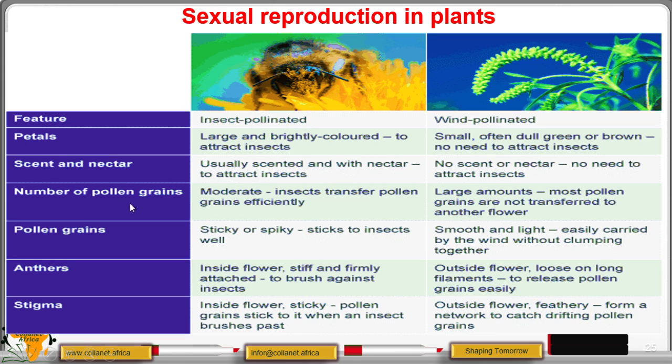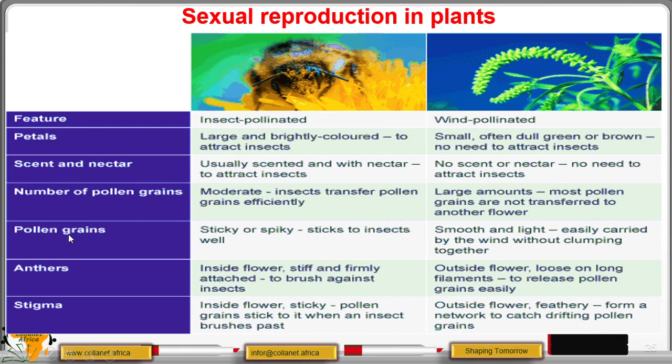When it comes to the number of pollen grains, insect-pollinated flowers have a moderate or medium number of pollen grains, because the insects transfer pollen grains efficiently. But in wind-pollinated flowers, there must be a large amount of pollen grains, because most pollen grains are not transferred to another flower. Some are wasted as the wind blows.